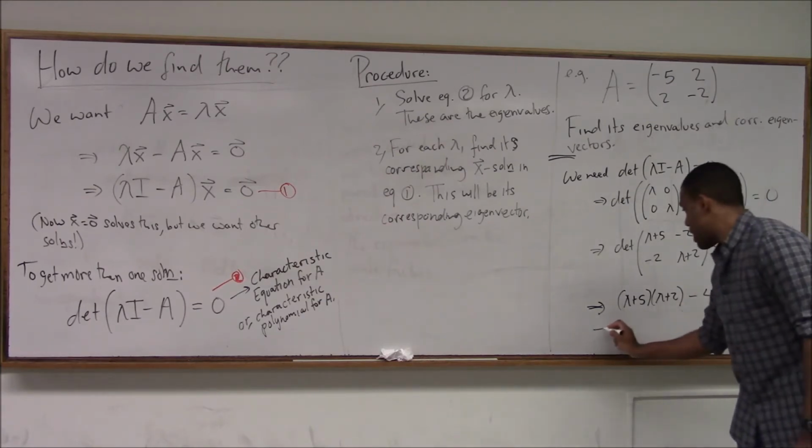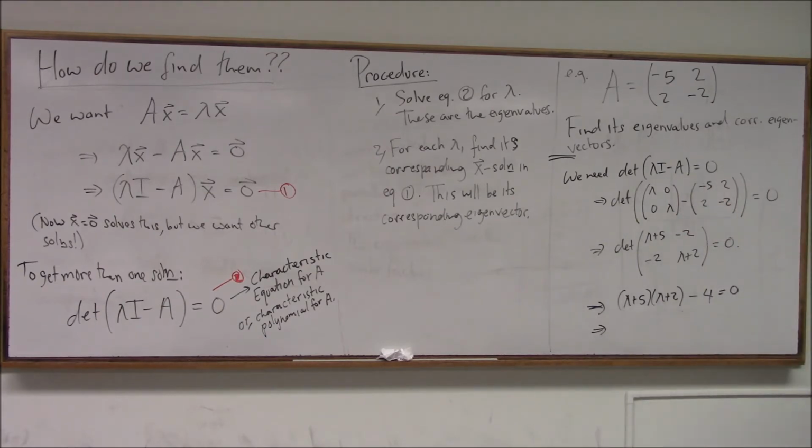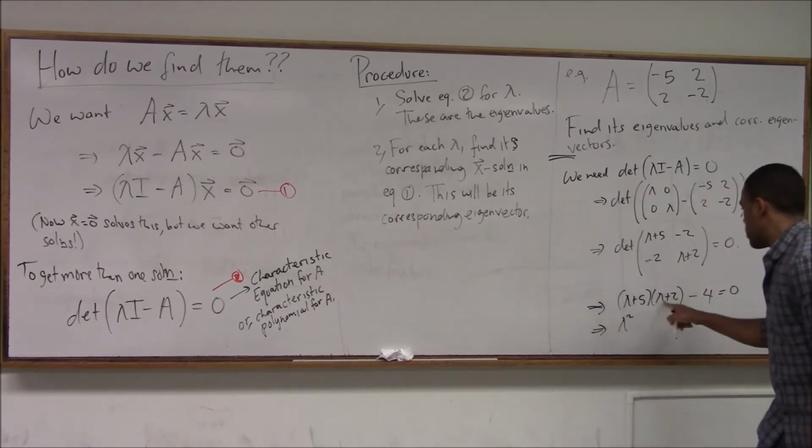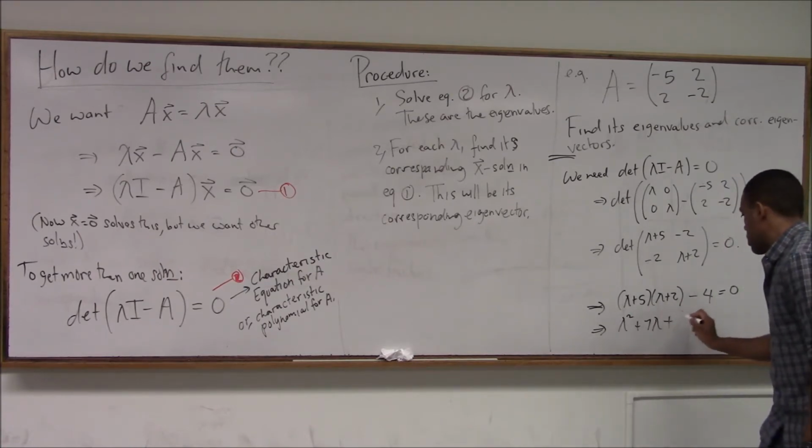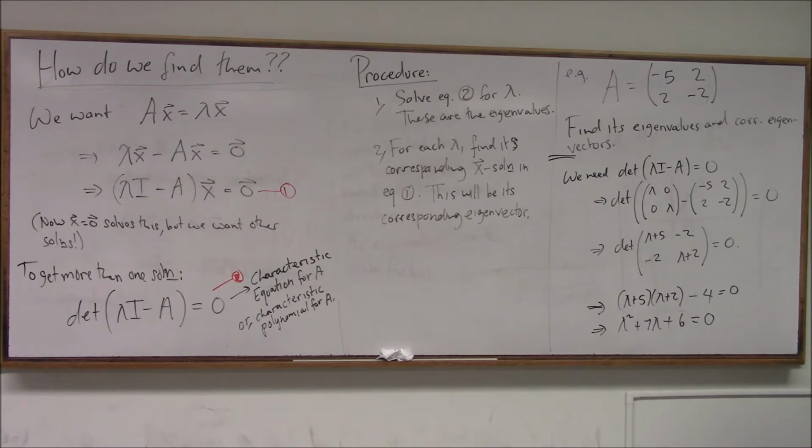Notice that here I have a quadratic, lambda squared plus 7 lambda plus 10 minus 4 plus 6, right? So that's the characteristic polynomial for this matrix.